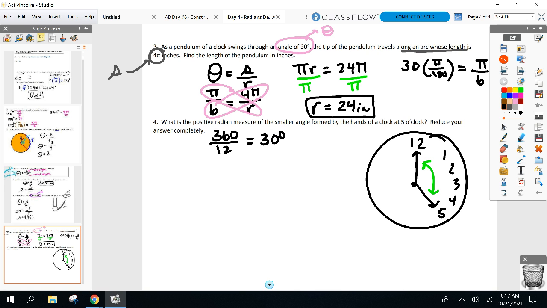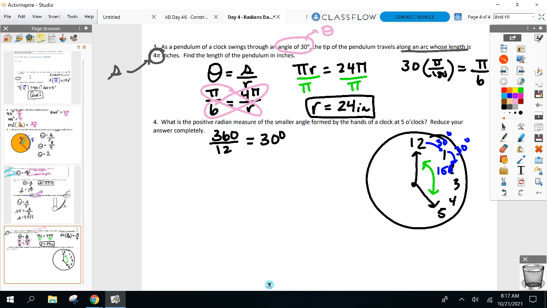So if you add all of them up or multiply, how many degrees is it as I go from 12 to 5? 30 times 5, which is 150 degrees.